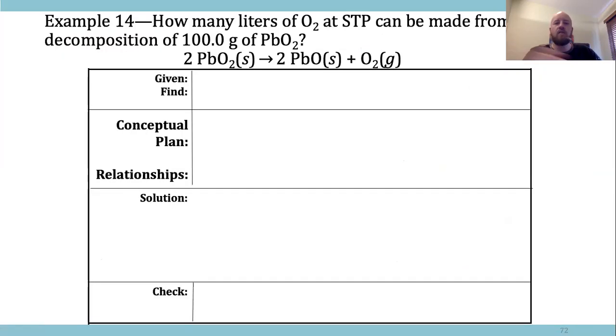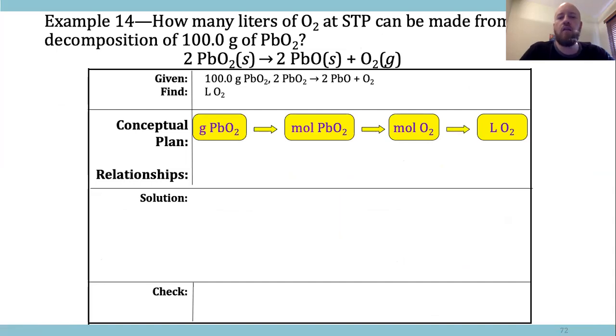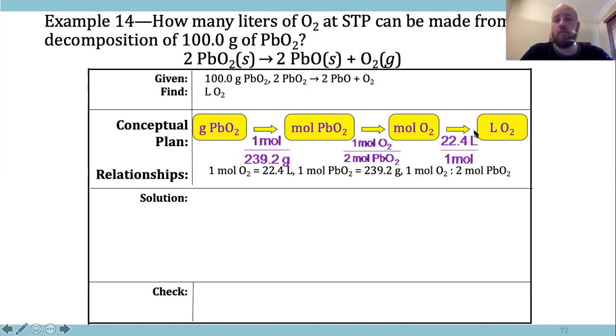So here's a type of stoichiometry problem. How many liters of oxygen at STP can be made from 100 grams of lead-4 oxide? All right, here are our 3 steps: molecular weight, grams to moles, balanced equation, molar volume.